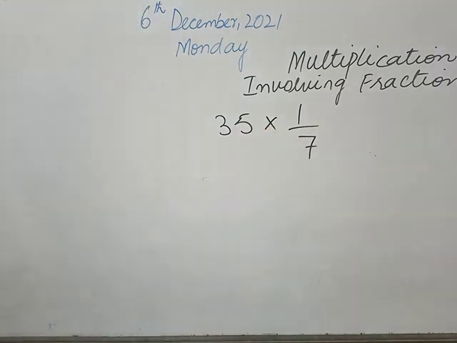Who will tell me what we would do when we have a whole number at first place, then a sign of multiplication, then a fraction? What steps will we take to solve this? Yes, Amar, you tell me.